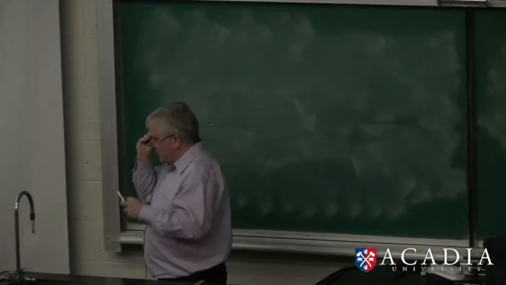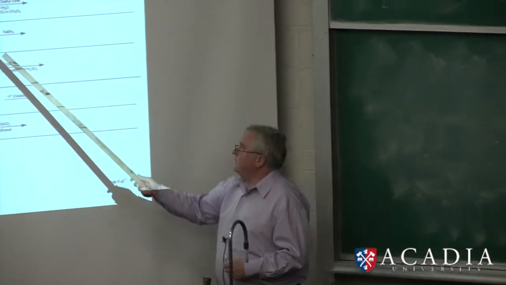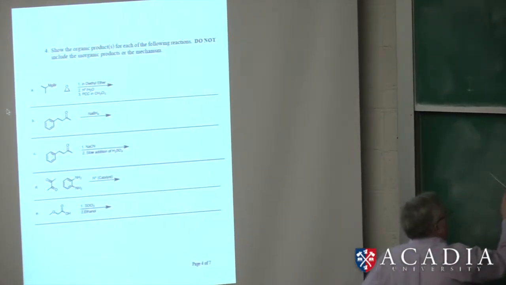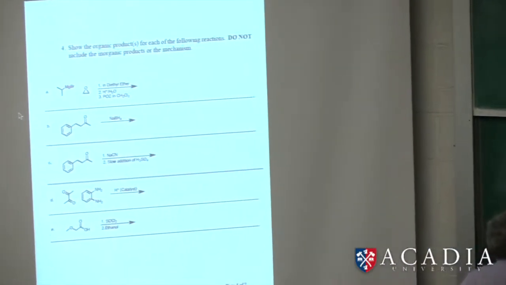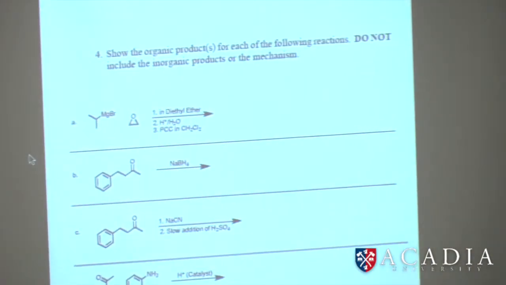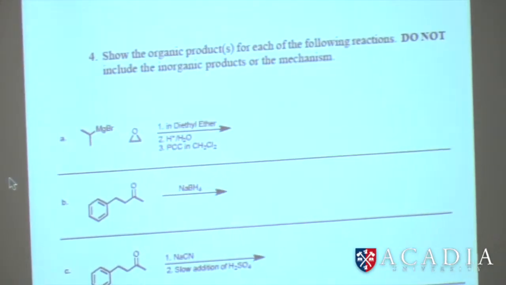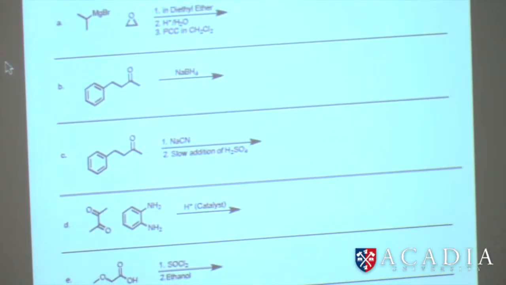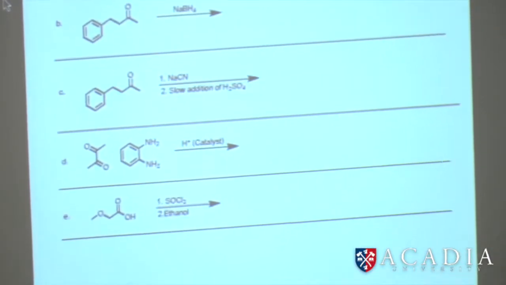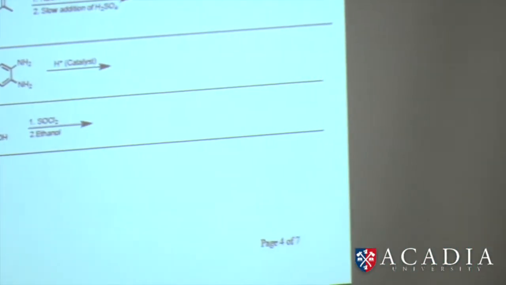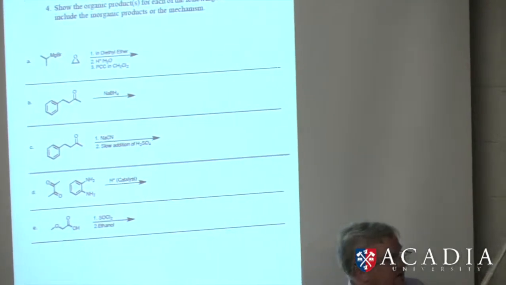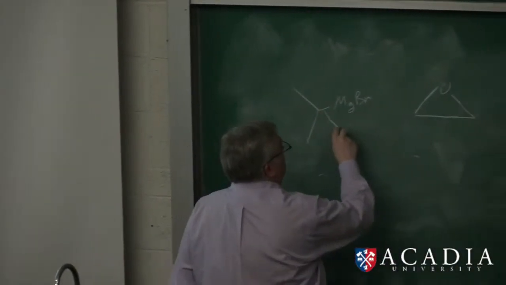Okay, so these reactions, we've kind of gone over this particular reaction. One of the things to be careful here is this is an alkyl magnesium bromide and an epoxide, and this reaction happens fairly rapidly.